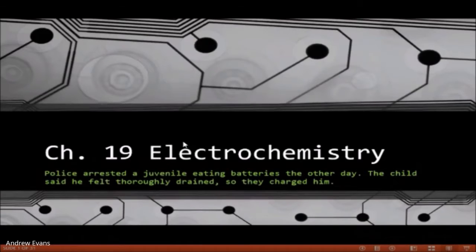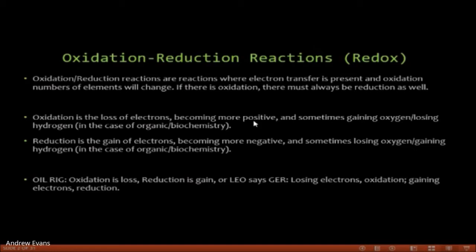Chapter 19. Now, Chapter 19 is all about oxidation reduction reactions to some extent.